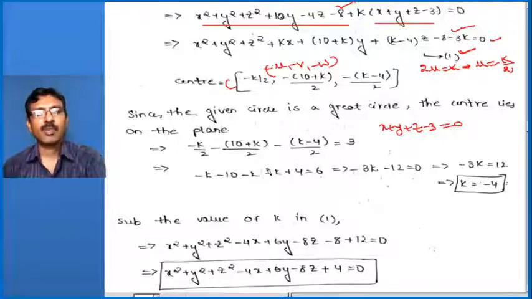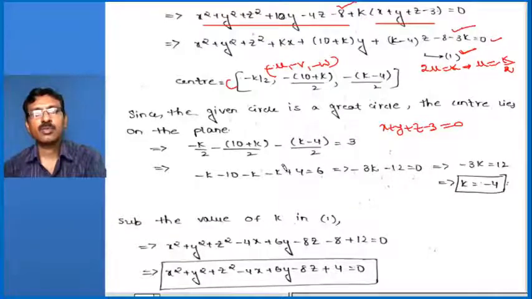So minus 3k, minus 10 plus 4, that is minus 6. Shifting to the right side, 6 plus 6 is 12, minus 3k equal to 12, k equal to minus 4.